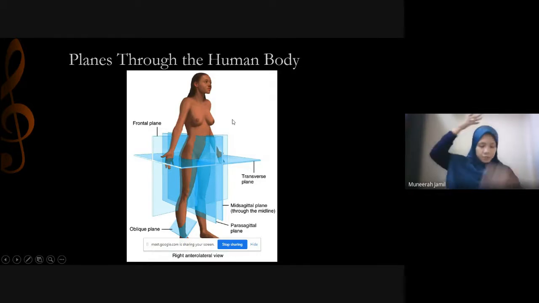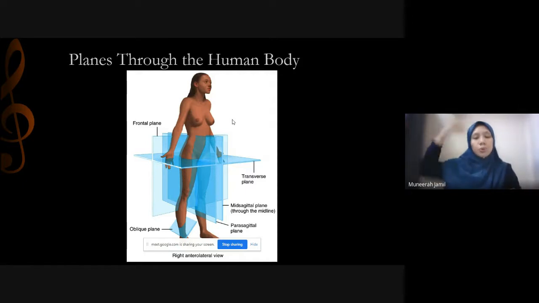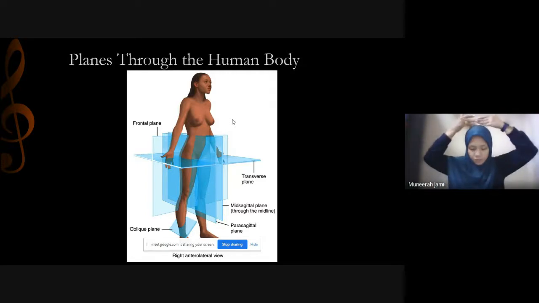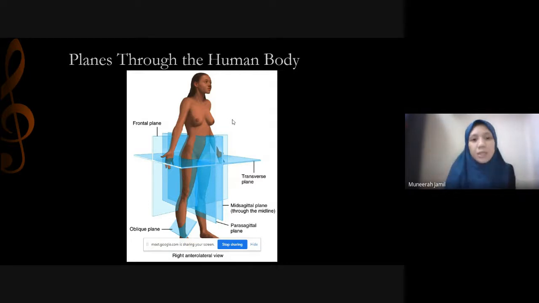Frontal plane ni dia akan potong badan menjadi dua, iaitu bahagian anterior dan bahagian posterior, bahagian depan dan bahagian belakang. Okay, nampak ni. Manakala transverse plane yang macam ni, dia membahagikan badan kepada superior part dan inferior part.